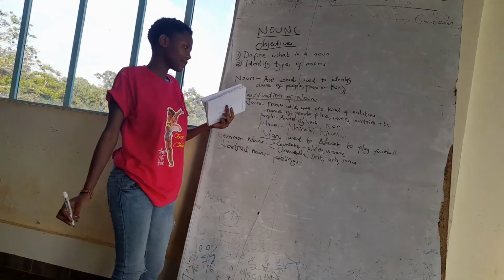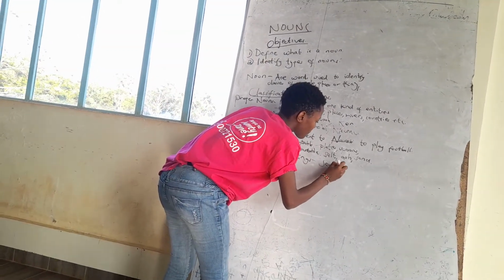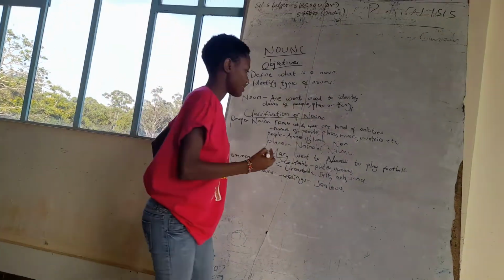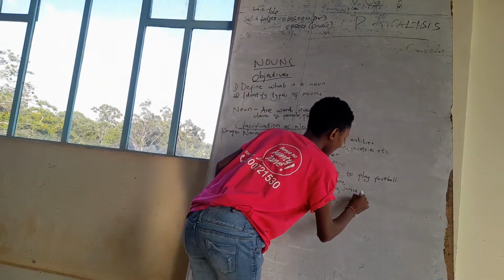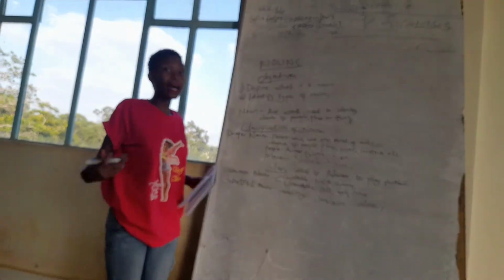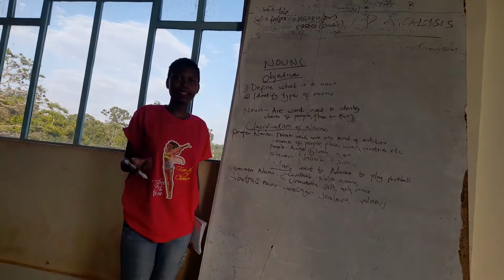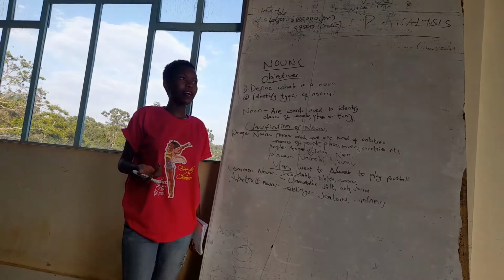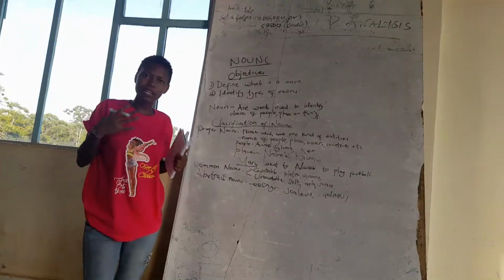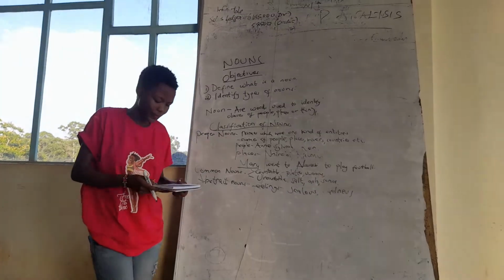We have feelings like being jealous, sadness, being honest, love. You cannot touch hate, but you can feel hate. You cannot touch love, but you can feel that you're being loved.